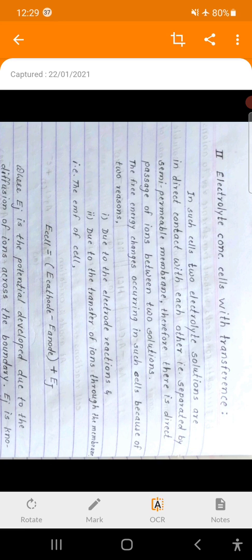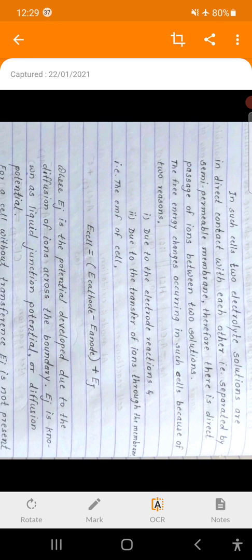This generated potential is known as the liquid junction potential, EJ. Therefore, if the cell is with transference, the potential is equal to E cathode minus E anode, that is, the EMF generated because of electrode processes, plus the junction potential EJ.